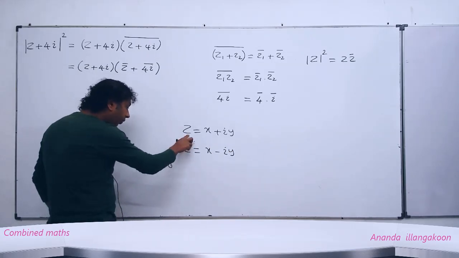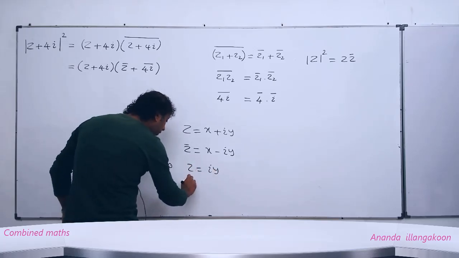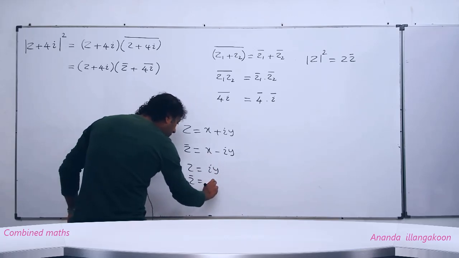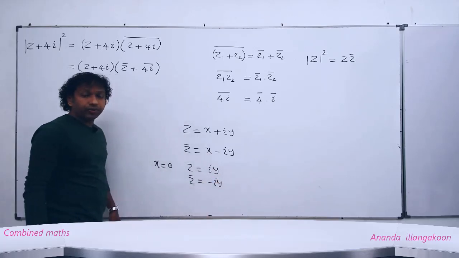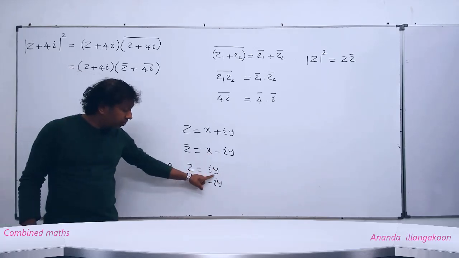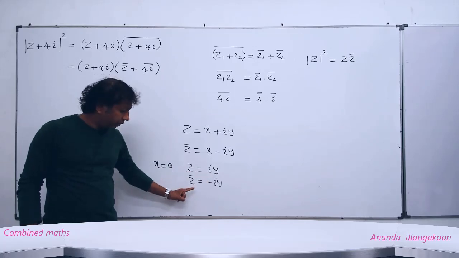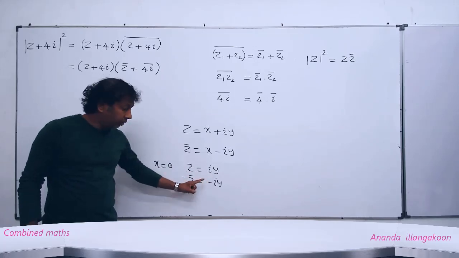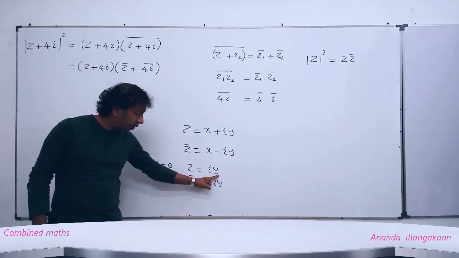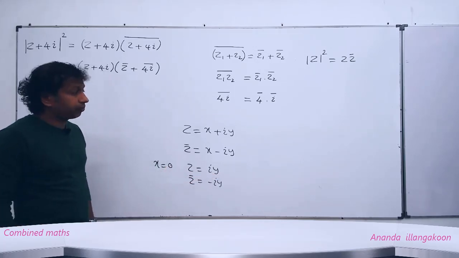When x is 0, the complex number is iy, and its conjugate is 0 minus iy. Therefore, when the complex number is purely imaginary, to obtain its conjugate, that complex number should be multiplied by a minus sign.